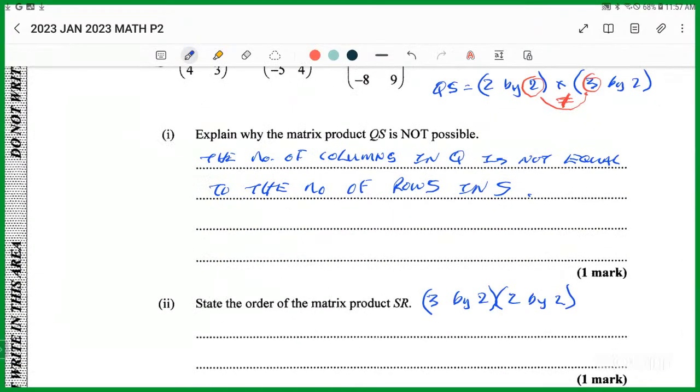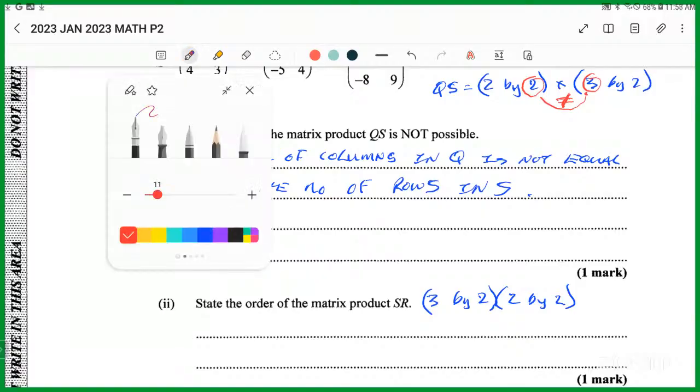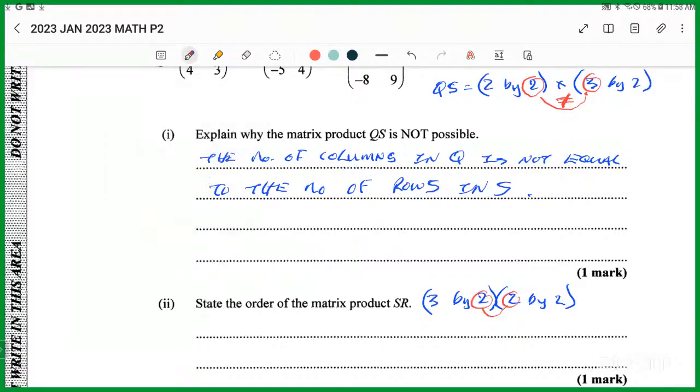Alright, so this is possible because the number of columns here match the number of rows here. And the result is going to take the number of rows of the first matrix and the number of columns of the second matrix.